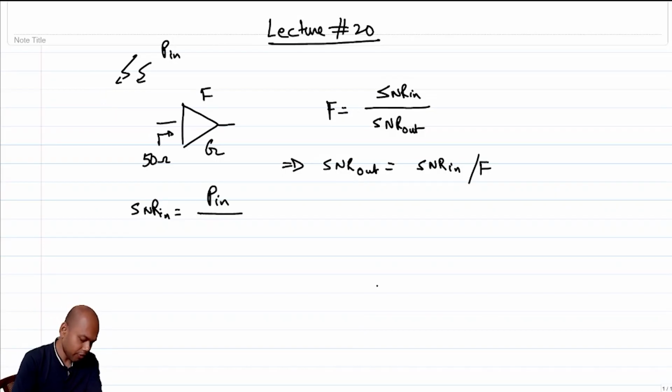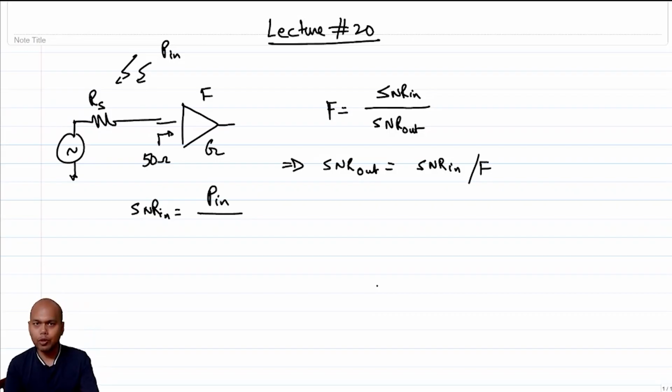How have we modeled this? We have modeled this as a voltage source and a series resistance RS, which is 50 ohm, correct? So what is N in then? N in is essentially the 50 ohm noise, the noise from the RS.